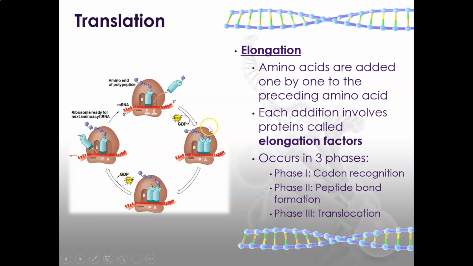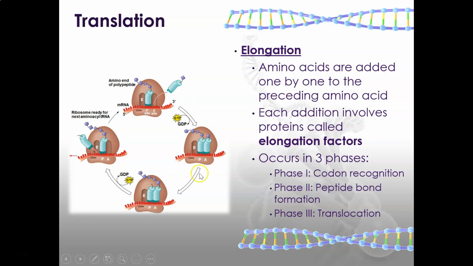It's an energy molecule, but it's a guanine instead of an adenine. And that's going to help facilitate the bonding of the growing polypeptide chain to the new amino acid that that tRNA is bringing in. That's going to shift everything over. And once that is separated, the now uncharged or blank tRNA moves into that E site, gets kicked out, and we move everything back over to keep growing.